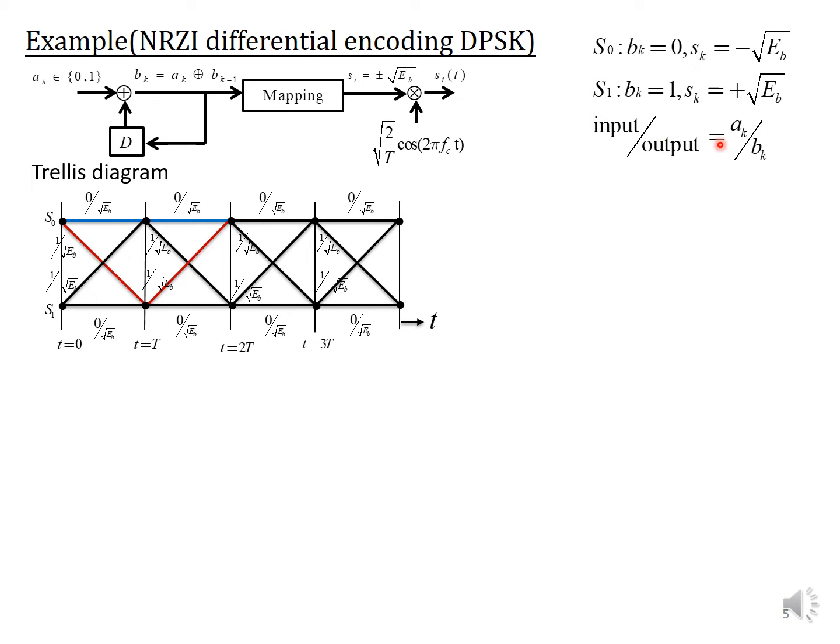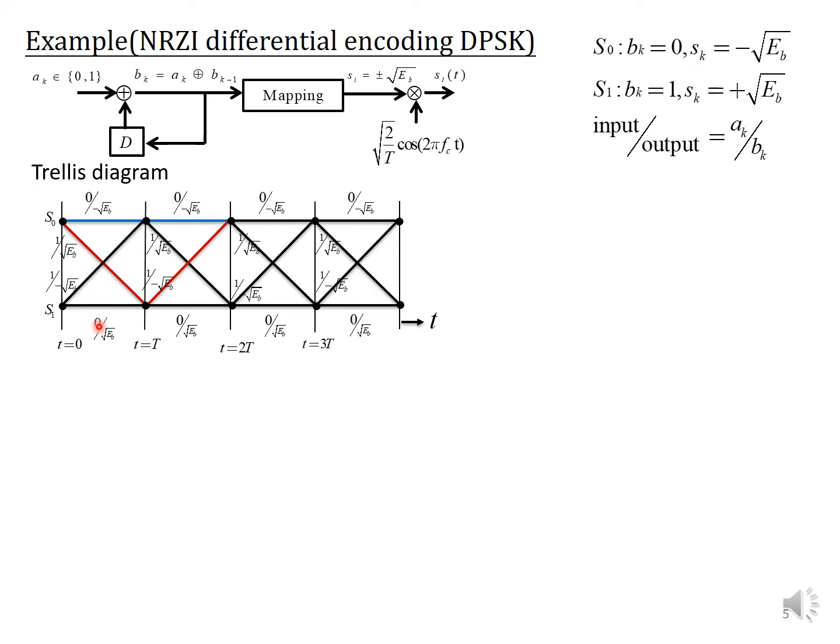Whenever there's an input of the message AK, it gives the output of a new transmission symbol BK, and BK represents the new state of the transmission.